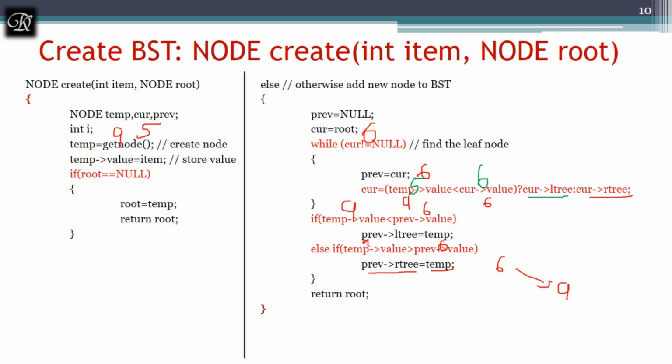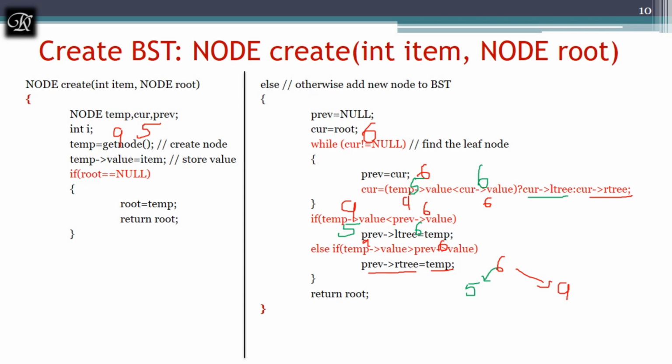Yes, there is no left tree for the 6. So this is going to come out, and I am going to check temp is having a value 5 and is smaller than 6. Yes, it is true. Then make 5 as left link of the given root 6.